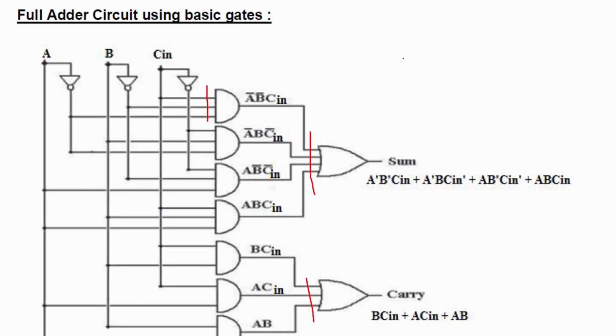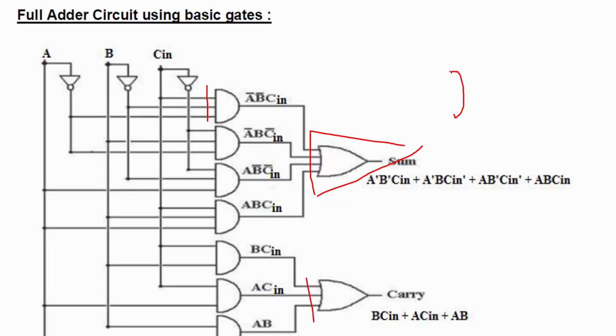One more situation we can consider here: we are using a 3 input OR gate for generating the carry out part, and before that we need a 4 input OR gate for generating the sum part. So we can make use of the same 4 input OR gate to generate the carry also. How is this possible?